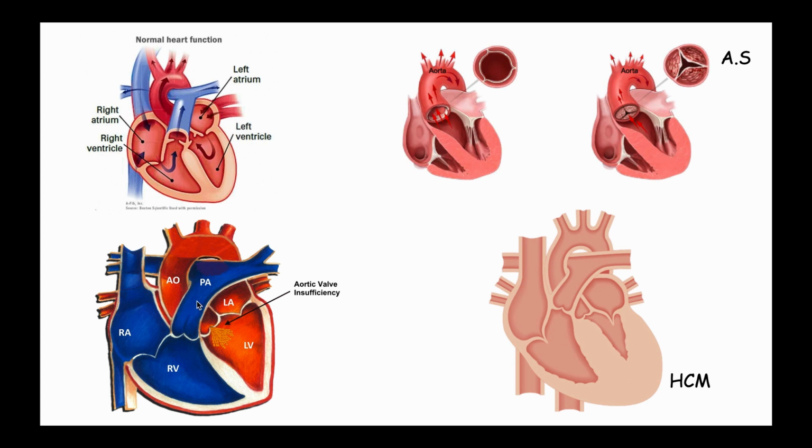Now, this diagram represents aortic valve insufficiency. In this condition there is regurgitation of the blood which has been pumped by the left ventricle to the aorta. Because the aortic valve is loose and weak, it cannot close completely to prevent the backflow of blood into the left ventricle.